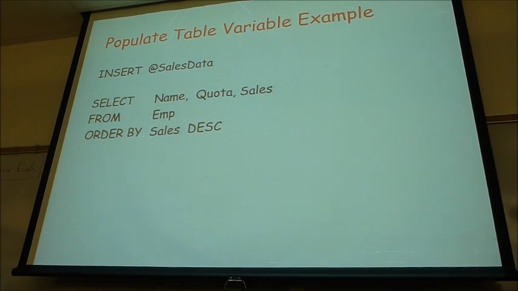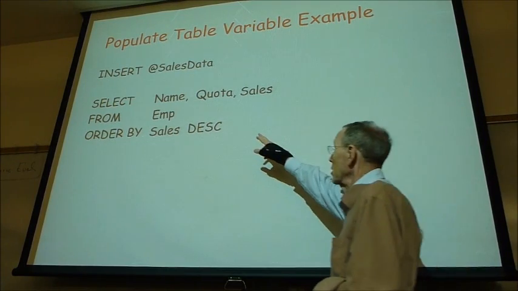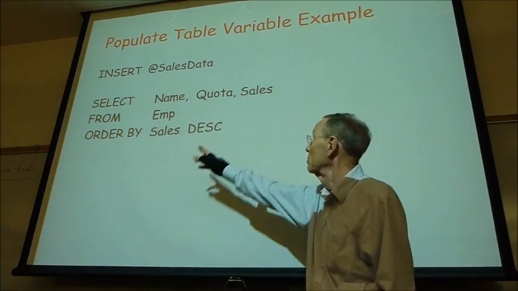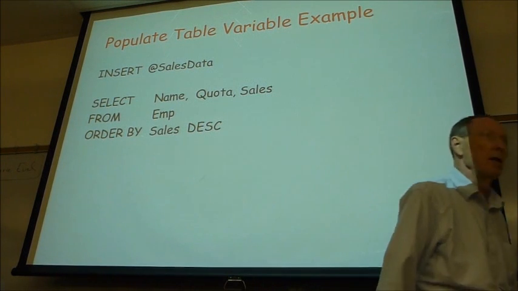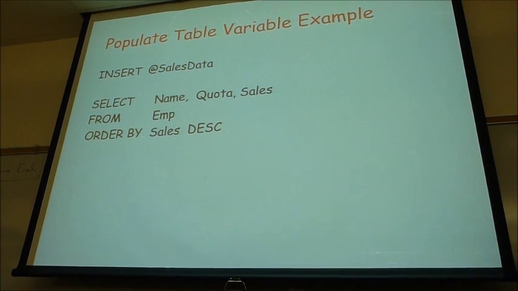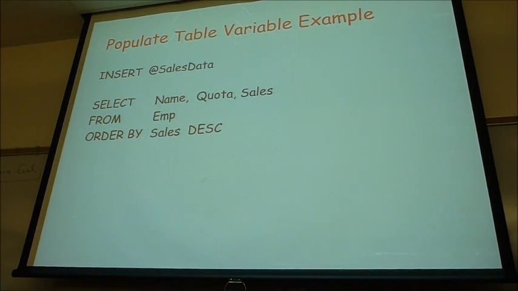So here we have insert. Whatever the result set is would be all the records with just those 3 columns, and each one of those would get inserted. And as you saw earlier, if I had an identity column in my definition, then it would insert an identity value.